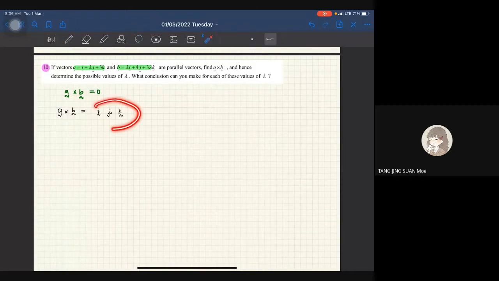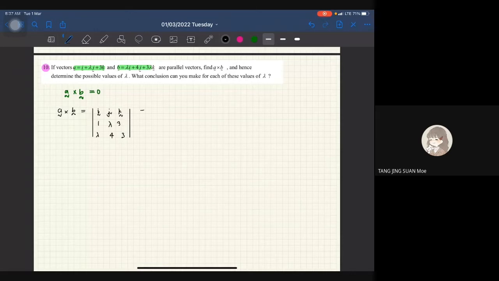So this one you need to write it properly. Dia mesti I, J, K and you need to have this modulus sign. Okay, so vector A is 1, lambda, 3 and then vector B is lambda, 4, 3. And put the modular sign.